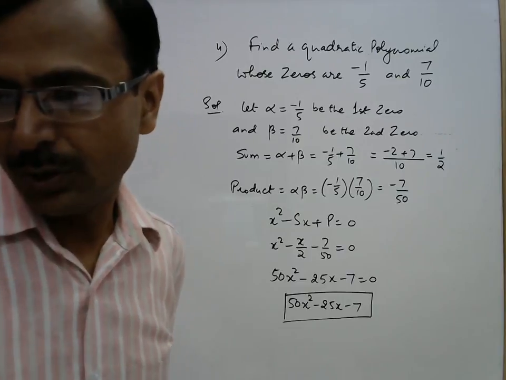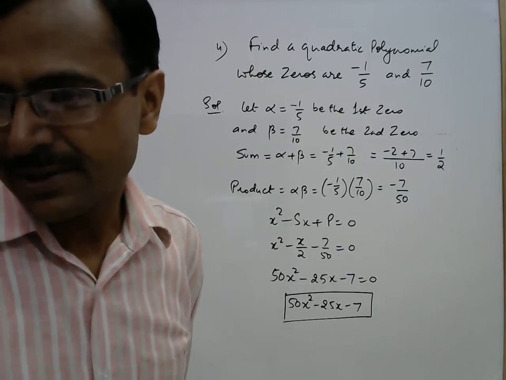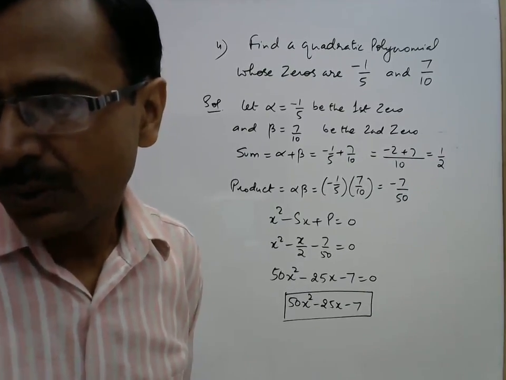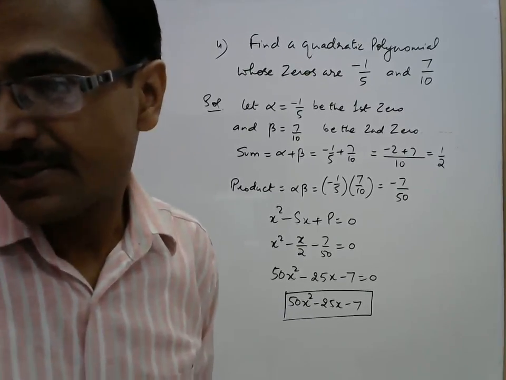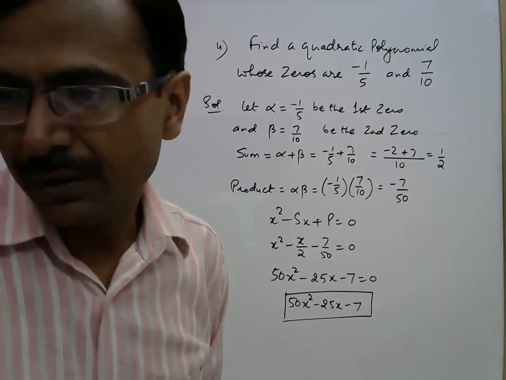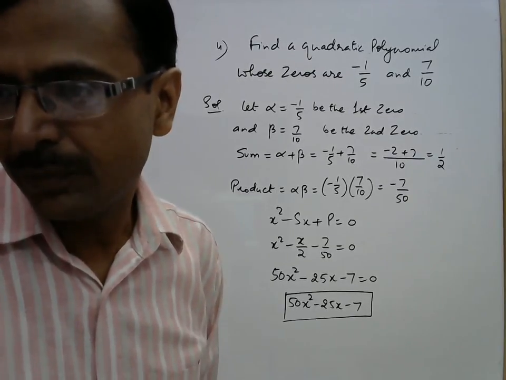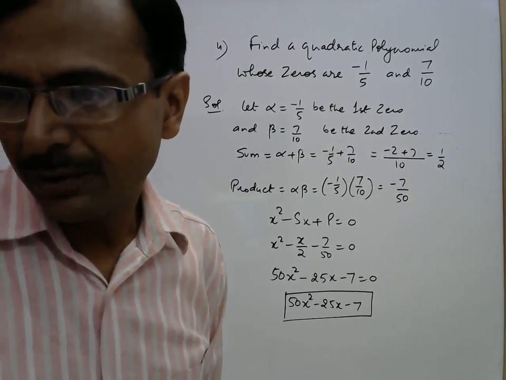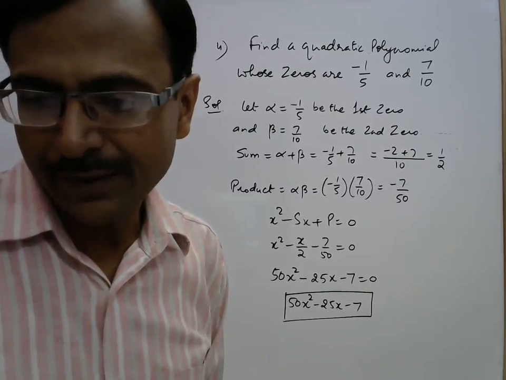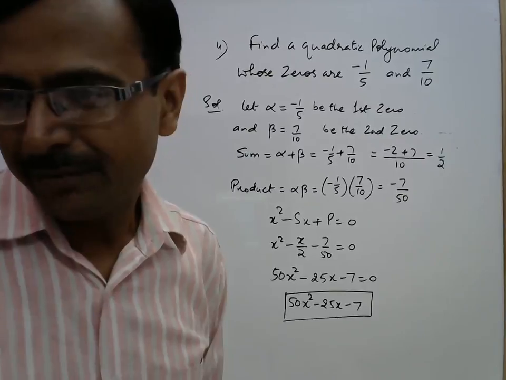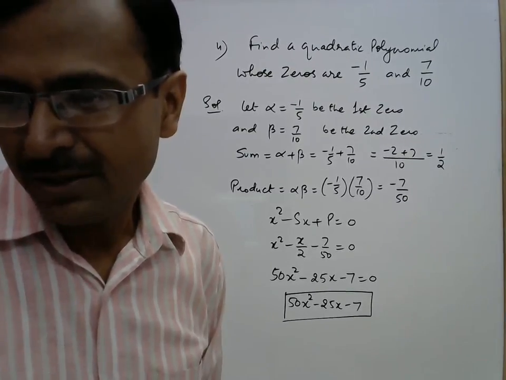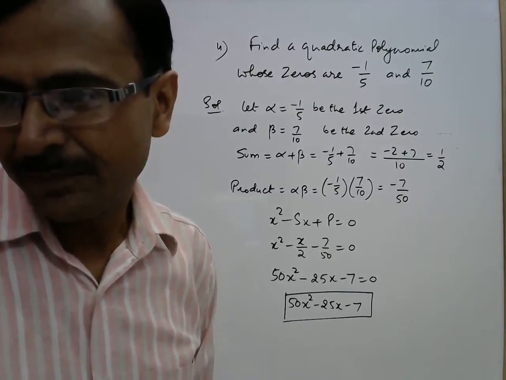Let me just check who got that right first. 50x square minus 25x minus 7. Okay, Shoaib, I think you were just following silently and you got that right. Very well done. Followed by Bhavya, Hamsini, Vanchita.